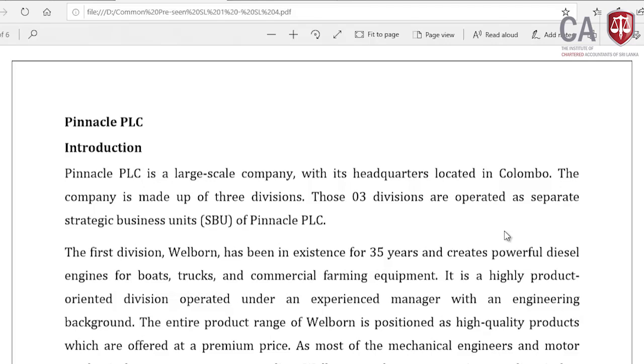So, look at the company name, Pinnacle PLC. Firstly, we can identify an introduction about Pinnacle PLC. So, we will go through the introduction.